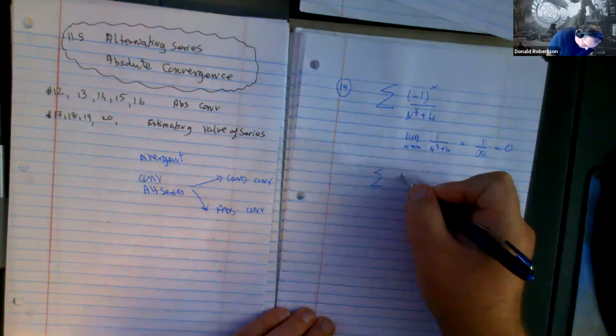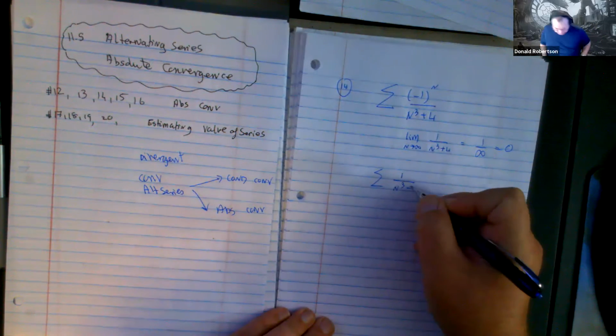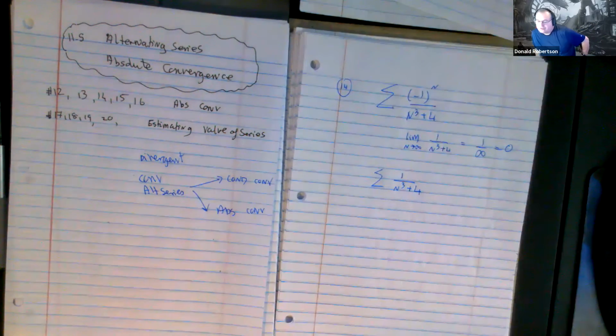Now, to tell what type of convergence, don't we have to do the version that is only positive now? Does 1 over n cubed plus 4 converge?